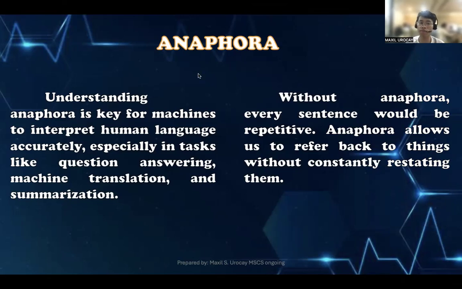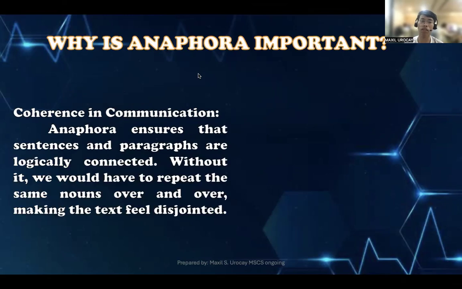So why is this approach really important? Coherence in communication. When we say coherence in communication, that is ensuring that sentences and paragraphs are logically connected. As in our example earlier, "he" is connected to John and is referring to John.